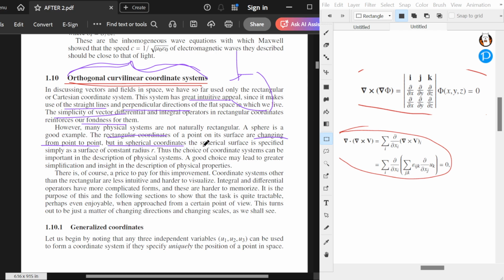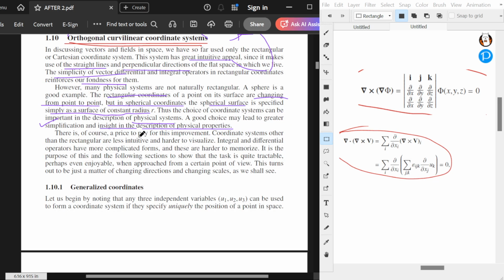But in spherical coordinates, the spherical surface is specified simply as a surface of constant radius. The choice of coordinate systems can be important in description of physical systems. A good choice could mean simpler maths and more insight into the description of the properties of the system.